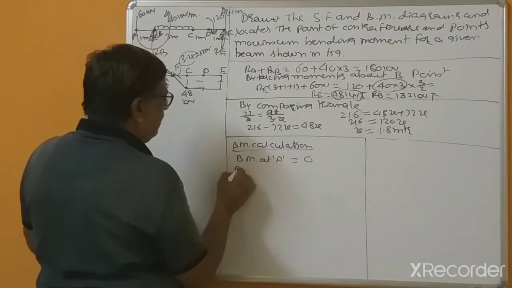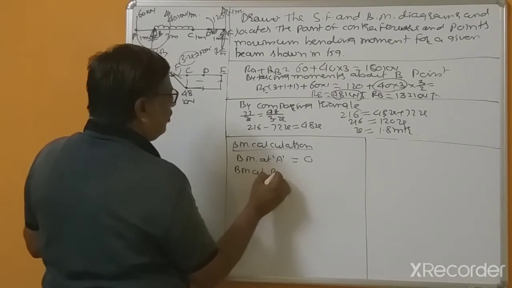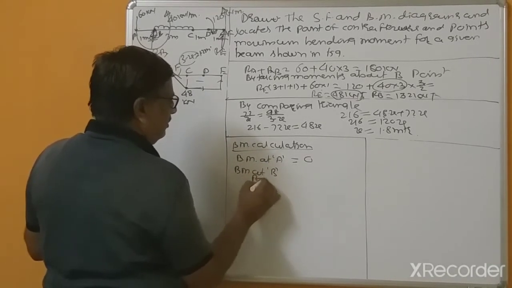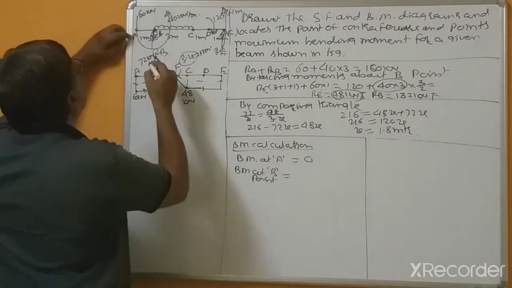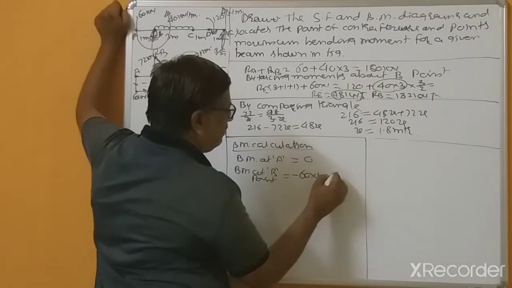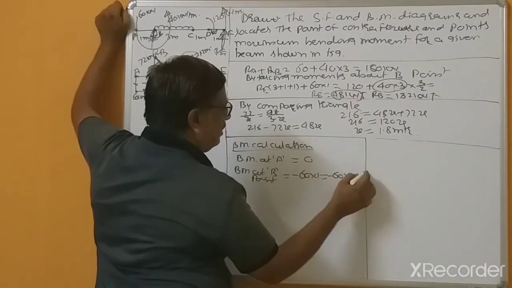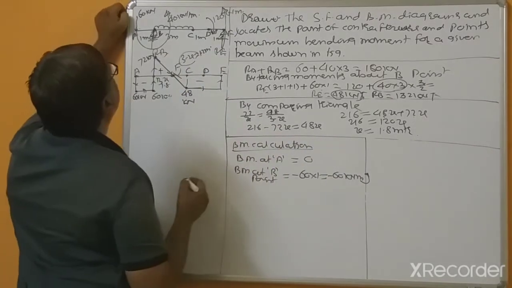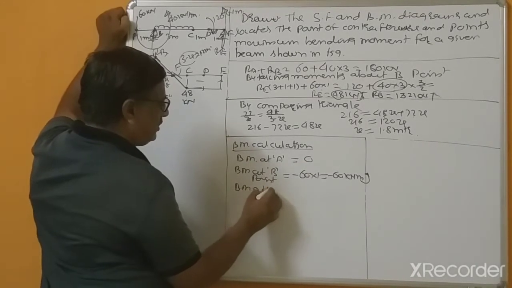Next, bending moment at B point: 60 multiplied by 1 means minus 60 kilonewton meter, and this is anti-clockwise. Next point, bending moment at C point.